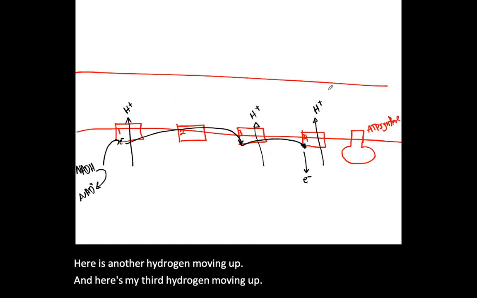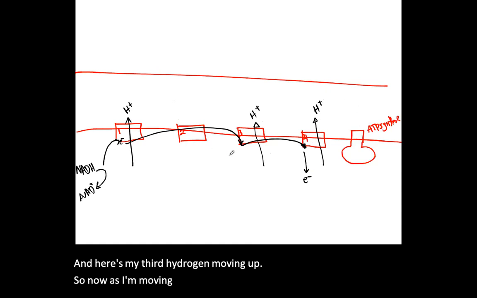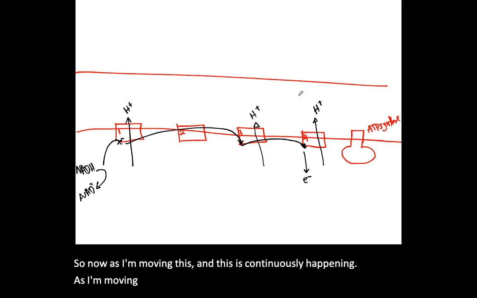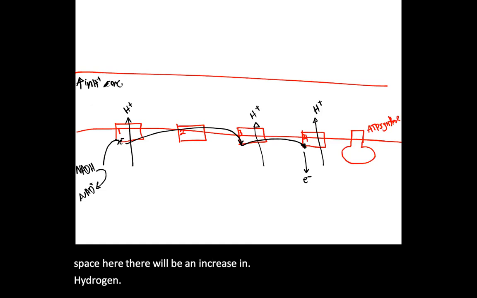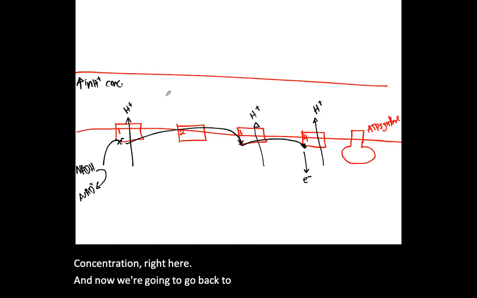Now, as this is continuously happening, as I'm moving the hydrogen into the intermembrane space, there will be an increase in hydrogen concentration right here. And now we're going to go back to the whole concept of diffusion.